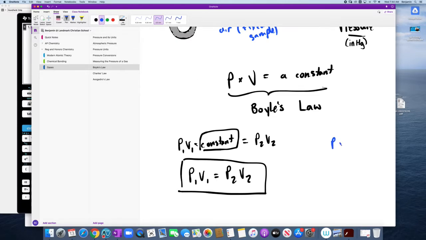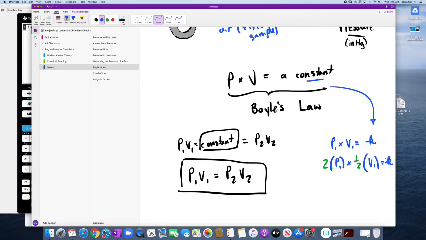Because if you have this setup, and you could call this constant K, for instance, and you have 2 times your original pressure, call that P1, then you would have to have 1/2 your original volume, and then you would still end up with K, that constant.